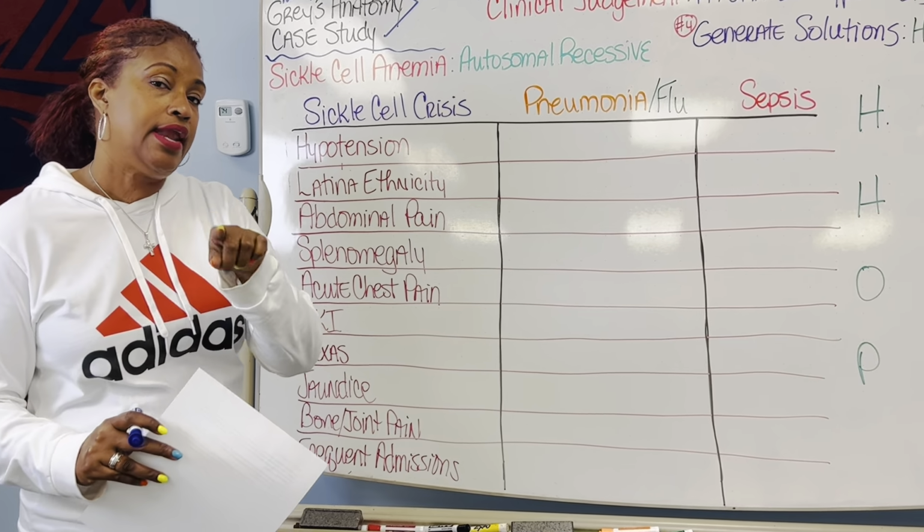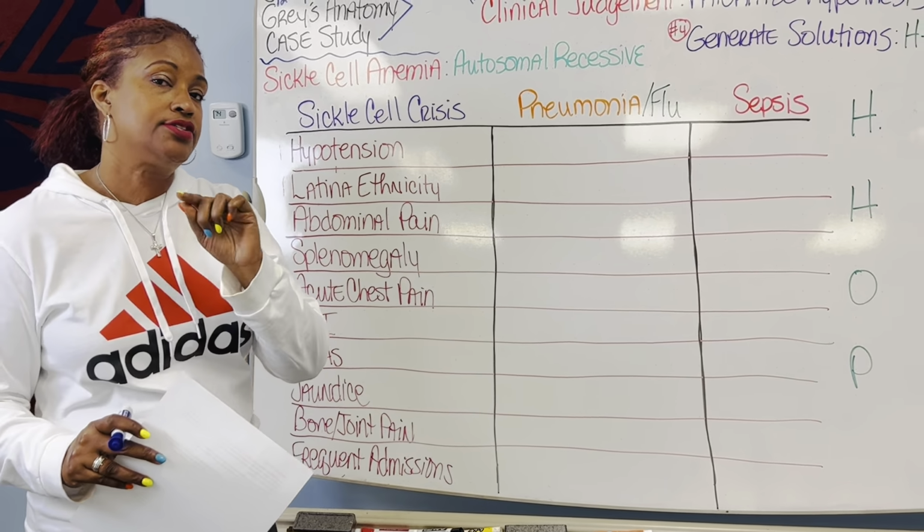So now my next question to you, if we are implementing prioritization of hypothesis, is this information pertinent to these other categories? So I'll show you what I mean. Is it pertinent to sickle cell? Yes.